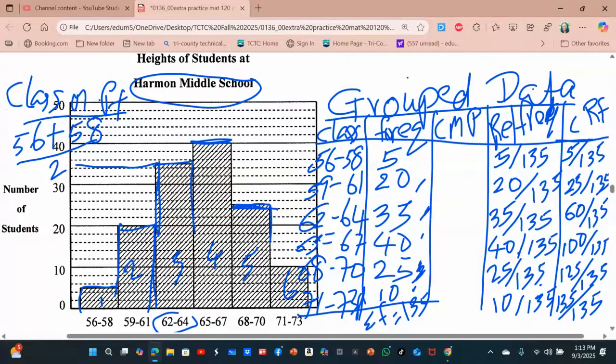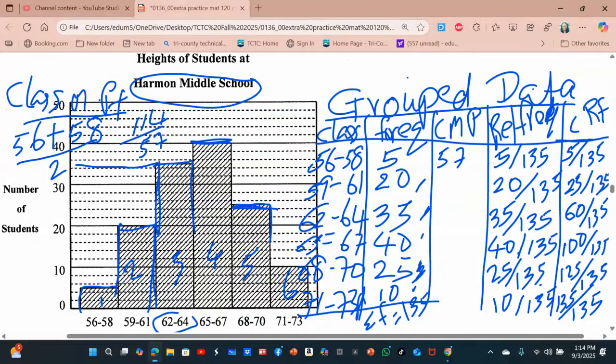To go into 11, I have 5. To go into 14, I have 57. So the class midpoint of the first class is 57.